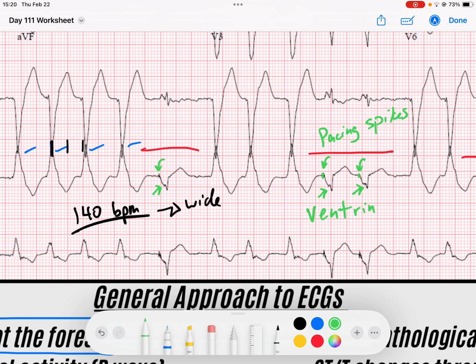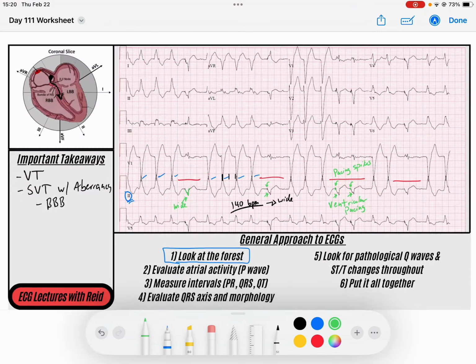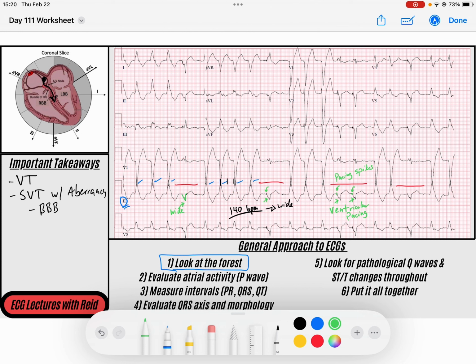So this is ventricular pacing. Okay, so we've got some ventricular pacing, intermittently dispersed in between these wide complex beats. So we know we've got ventricular pacing here and all in the green.